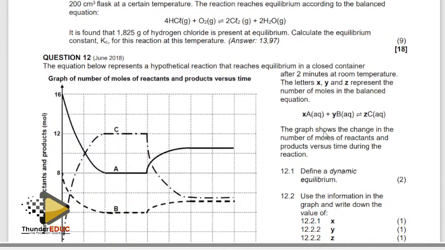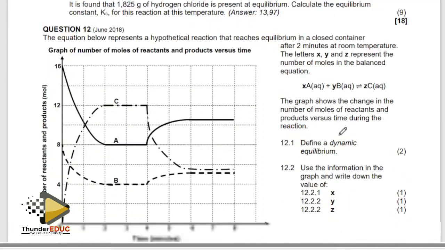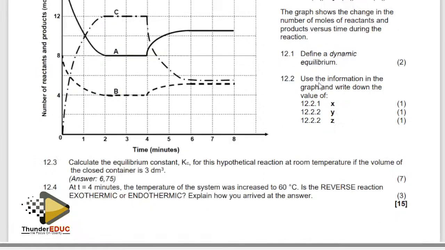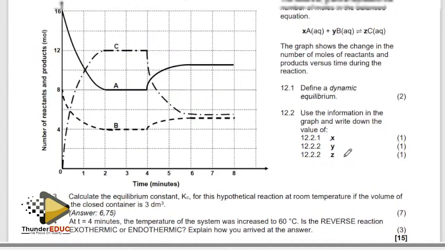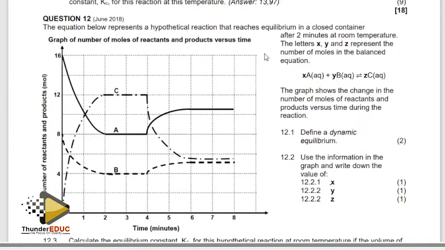The graph shows the change in the number of moles of reactant versus time during the reaction. So now they're saying dynamic equilibrium. Use the information. What is X? So this is a product, and these two are reactants.